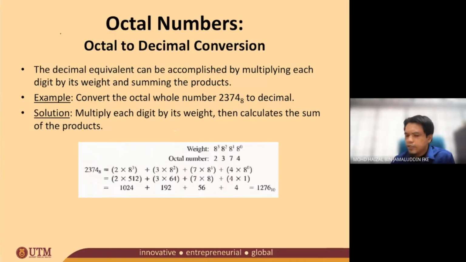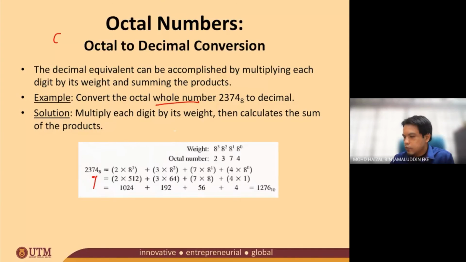Okay, so it's the same way. It's just multiplication of weight, whether it's a whole number or a fraction. It's just multiplication with the weight with the positive power for the whole number. So you just need to know the position.